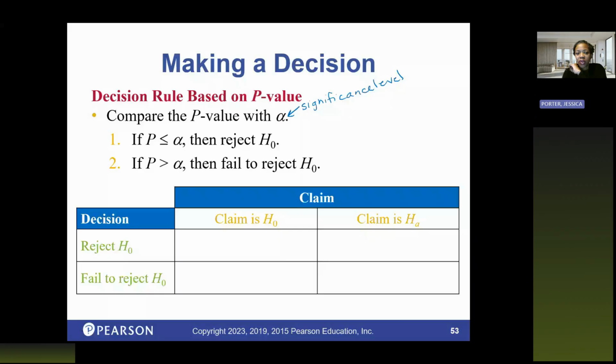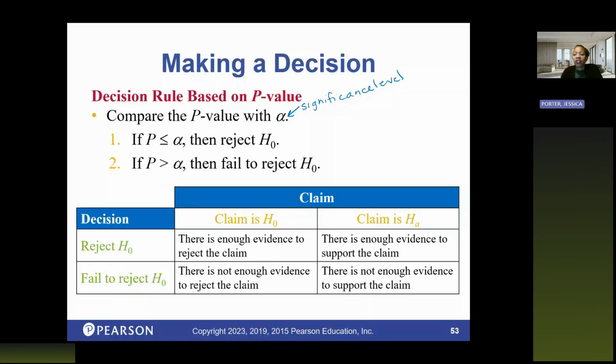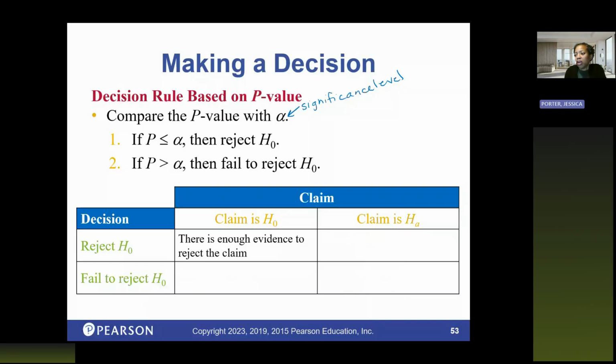All right, here is one of my favorite graphics, and I'm going to show you another way to write this to make it easier to put in your notes. This is the verbiage. When the claim is the null hypothesis and you reject H sub 0, we say there is enough evidence to reject the claim.